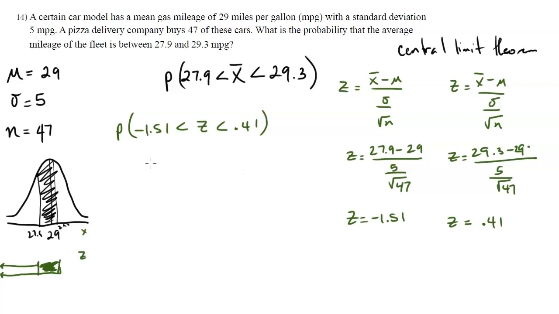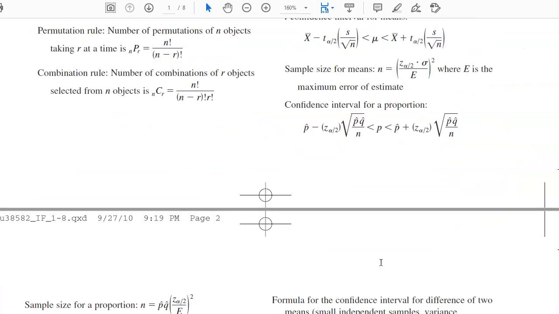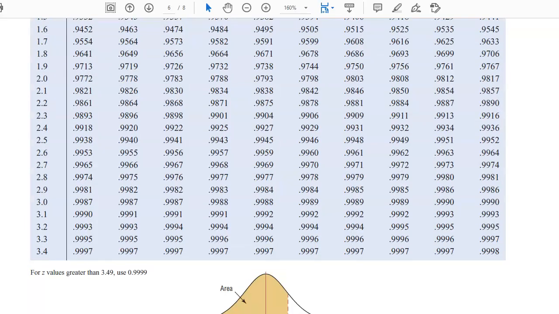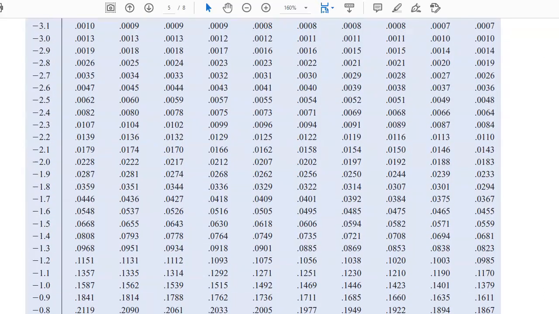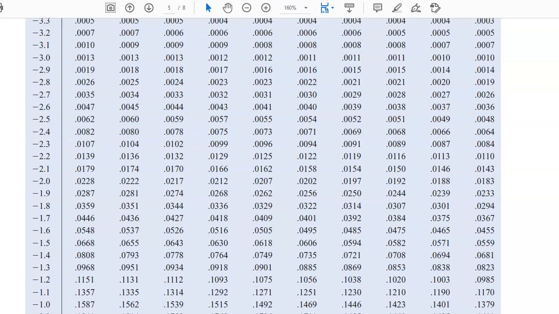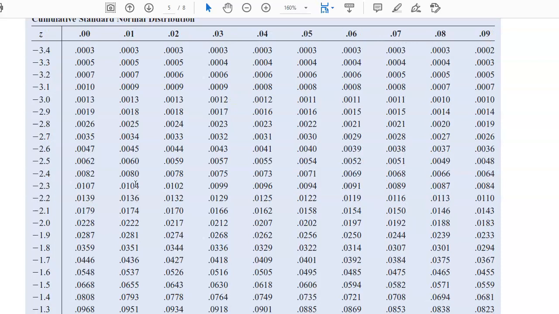So I'm going to go to the table for negative 1.51, go to the table for 0.41 and subtract them. So this is going to be equal to negative 1.51. Let's see, negative 1.50, negative 1.51, 0.0655.